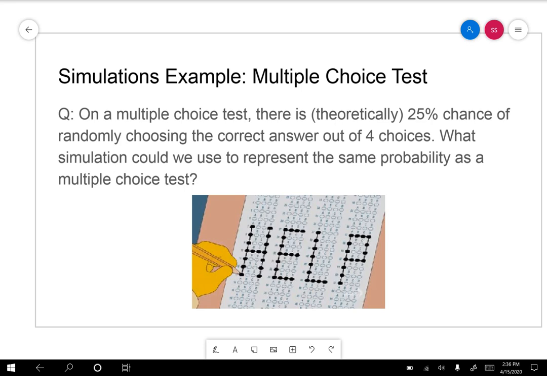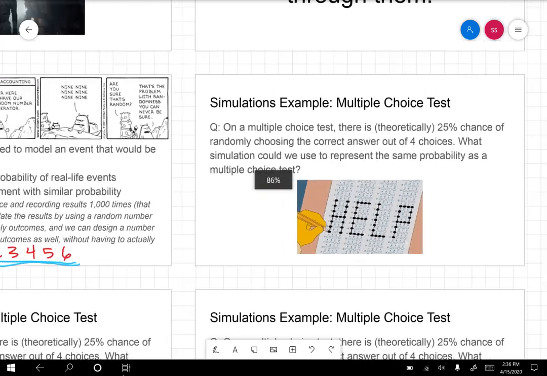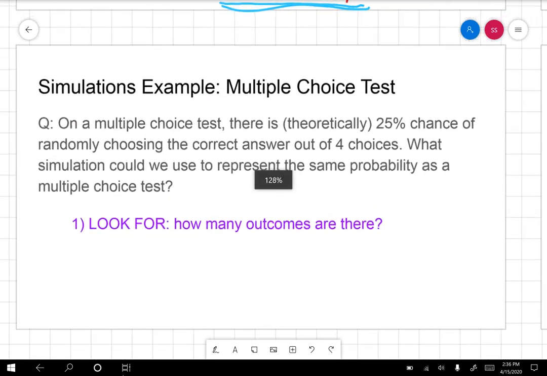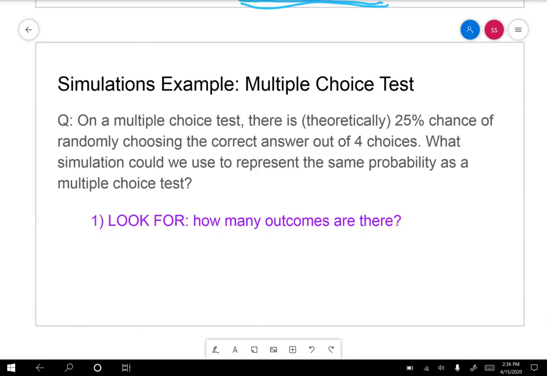Okay, so I'm going to go over how I think is the easiest way to go about answering these questions and what to look for. Okay, first thing I would suggest looking for is how many outcomes are there in the original event, right? The problem actually tells us twice. If you read through it, there's theoretically 25% chance, right?